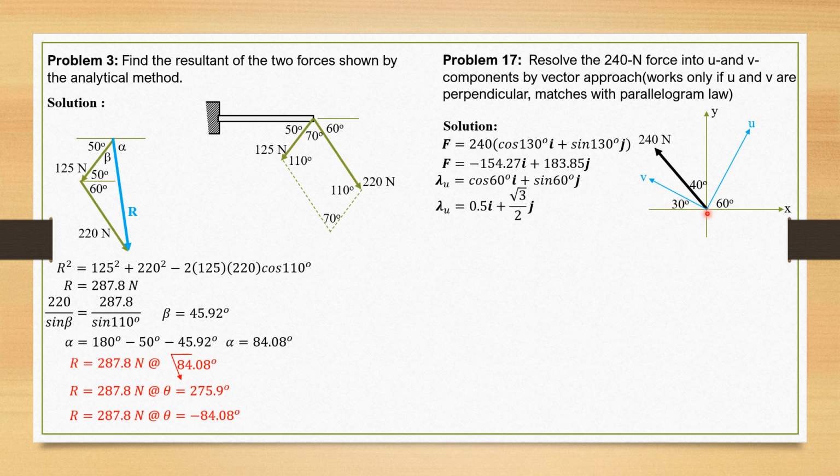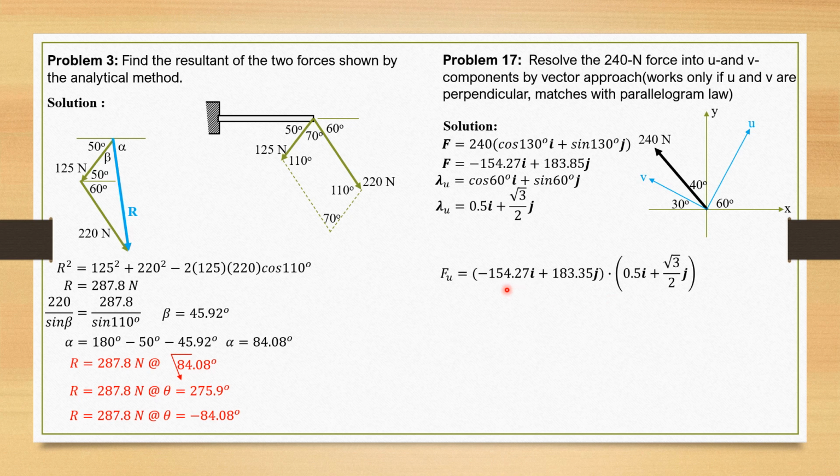While the unit vector for v makes an angle with the positive x-axis of 150 degrees, because this is 30, so 180 minus 30 from the positive x-axis counterclockwise, so that's 150 degrees. So the unit vector of v is, so Fu therefore is the dot product of F and lambda u.